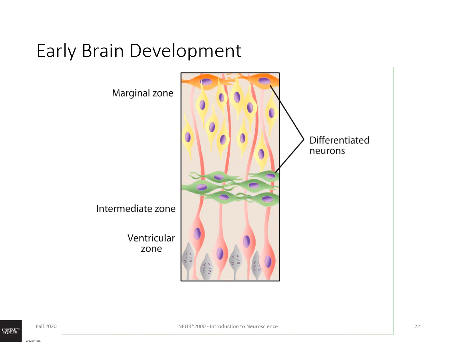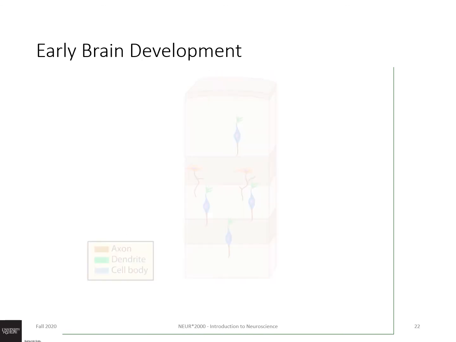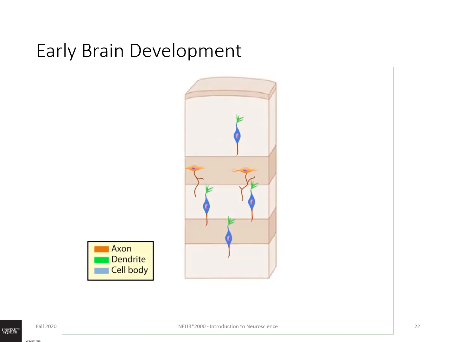At this point, the cells begin to use or express particular genes. This allows the cell to acquire the distinctive appearance and functions of neurons characteristic of that particular region. As the process of differentiation proceeds, the fourth stage of neural development begins, process outgrowth.